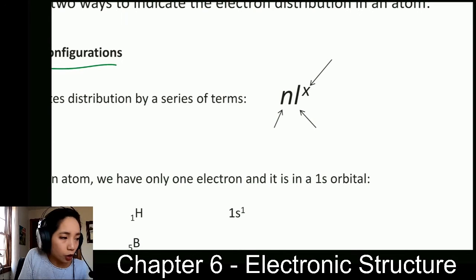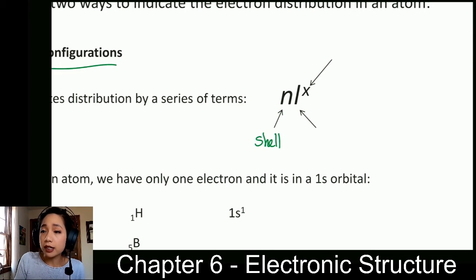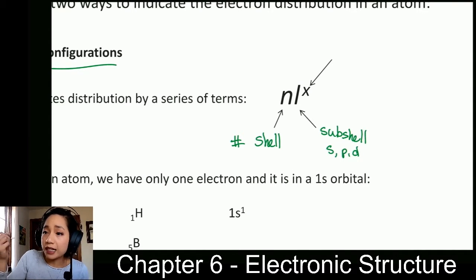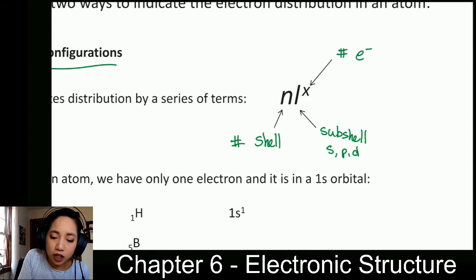So n is our principal quantum number, and it tells us the shell that electron is in. n will be an integer value. l tells us what subshell that electron is in. So these are our letter designations, such as s, p, d, etc. And finally, in the superscript next to the subshell letter designation are the number of electrons in that subshell.